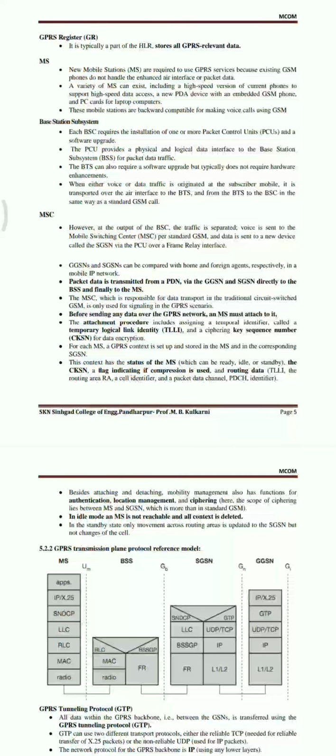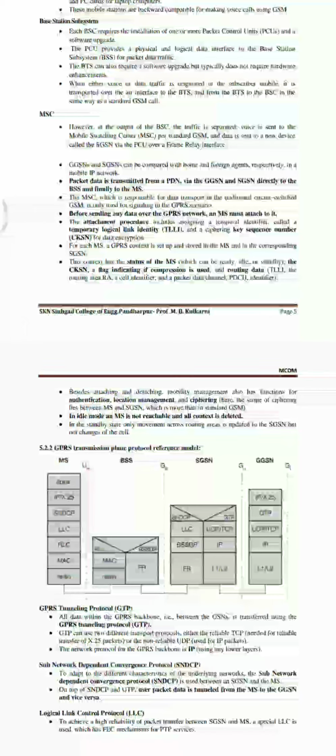Besides attaching and detaching, mobility management also has the functions of authentication, location management, and ciphering. Here, the scope of ciphering lies between the mobile station and SGSN, which is more than standard GSM. It means that whenever the user wants to transfer data, the security is enhanced as compared to GSM.